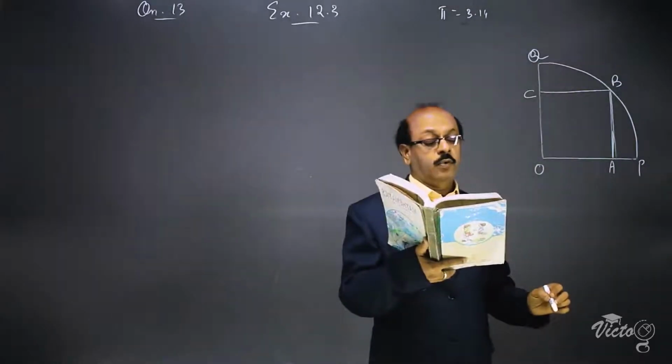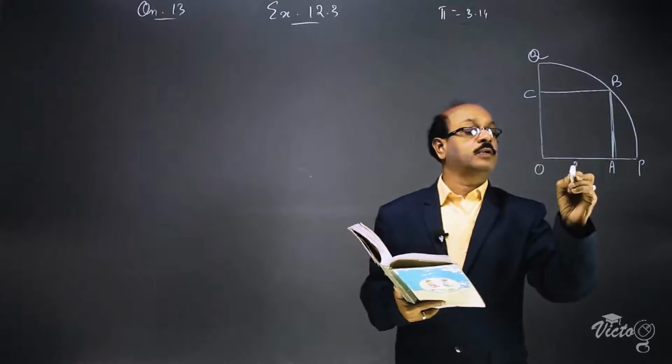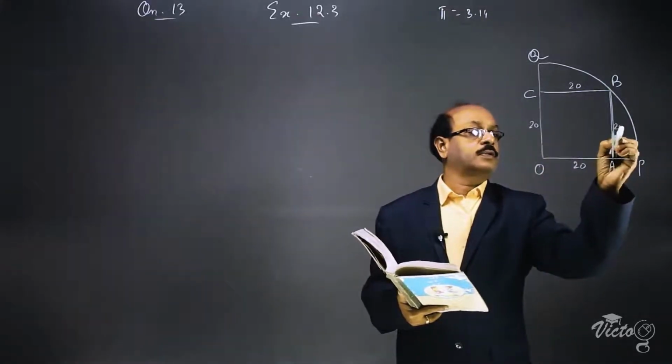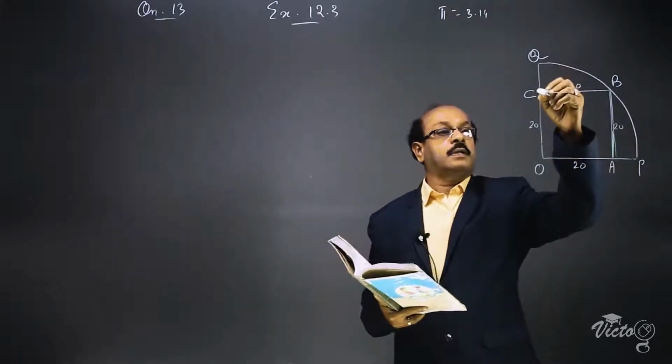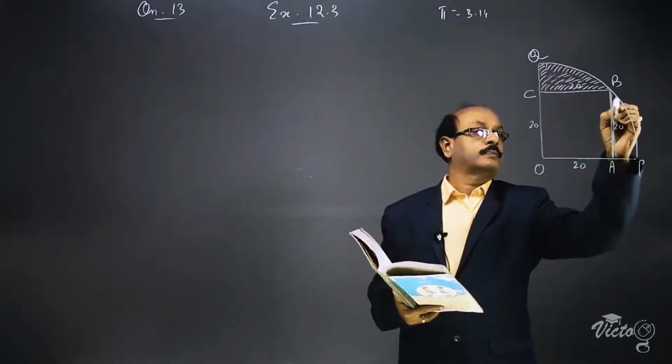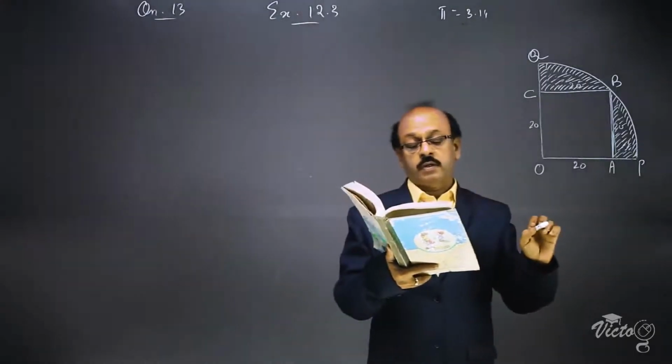Given length of OA is equal to 20 centimeter. Therefore, this is also equal to 20, this is 20 and this also is equal to 20. The shaded region is this much. We have to find out the area of the shaded region.